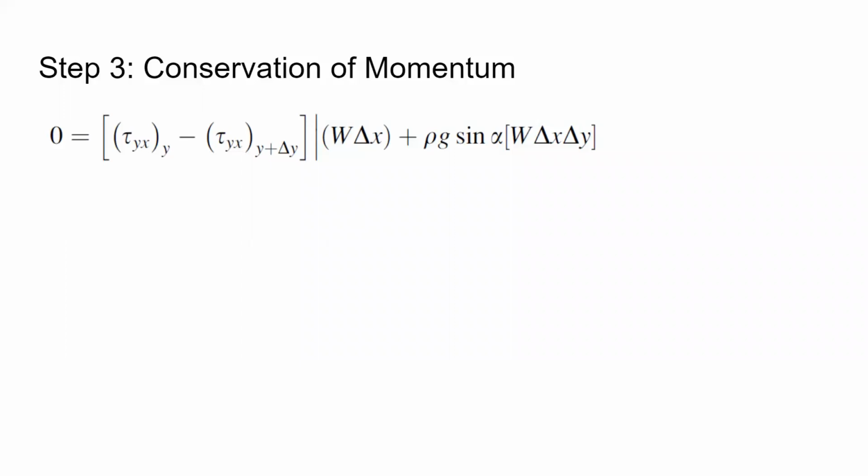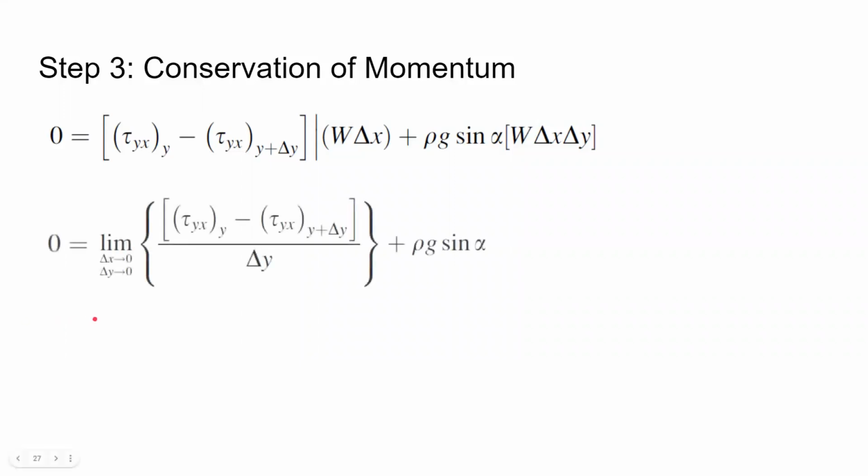Great. So the next step is to first divide by the shell volume, width times delta x times delta y. This is simplified right over here, but we're dividing by this entire term, which is why it's not shown over here. So this entire thing is divided by the volume, and then we also take the limit of our shell.